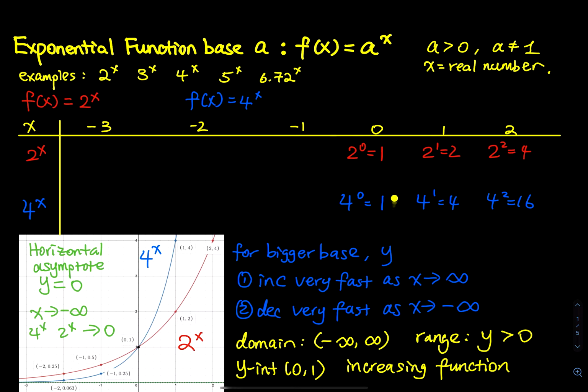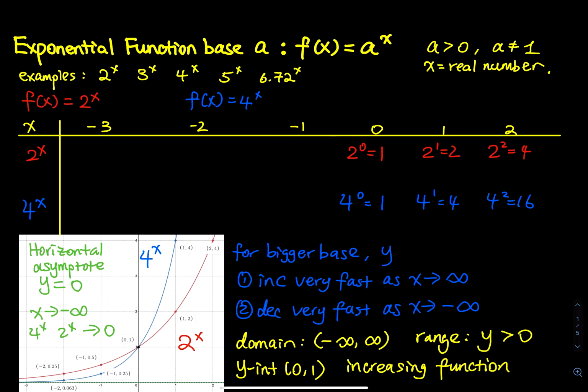When the base is bigger, as x increases, y increases way faster compared to the smaller base: 4 compared to 2, 16 compared to 4. So as x increases, y increases exponentially, but the rate of increase is much greater than with the smaller base.